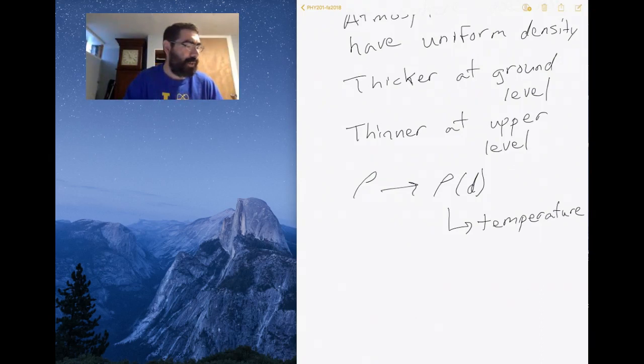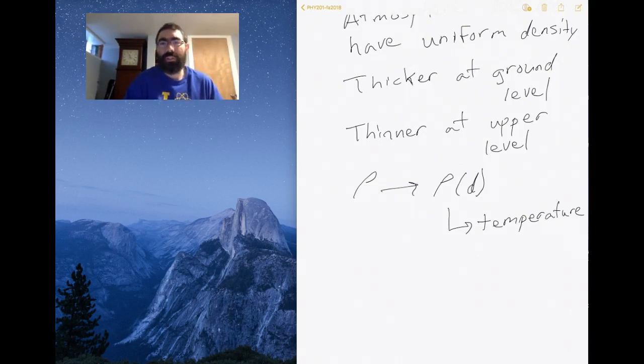So really it becomes more of a problem of thermodynamics, in terms of how the molecules are interacting in a gravitational acceleration, how you're stacking these molecules one on top of each other. And so it becomes a much more complicated problem.